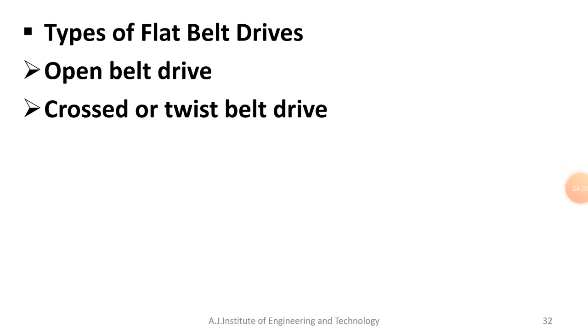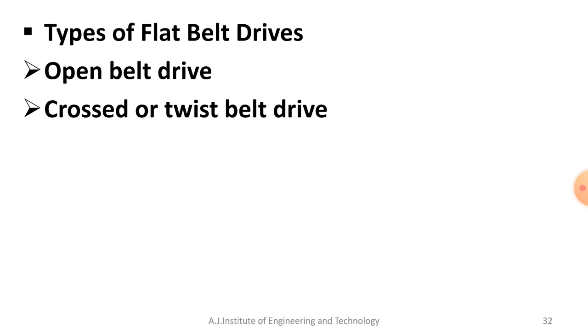Now we'll discuss flat belt drive. We already know what we mean by flat belt drive. If the cross section of the belt is rectangular, this type of belt is usually recommended when a moderate amount of power is to be transmitted from one shaft to another shaft.